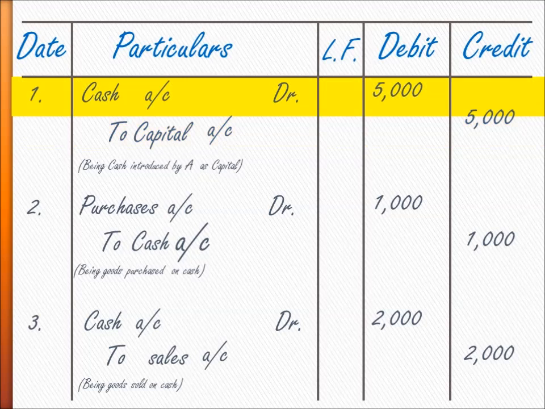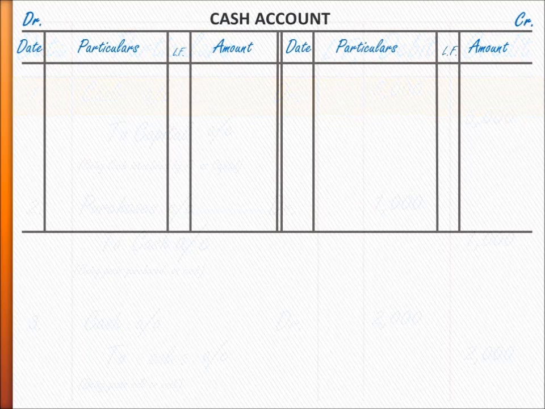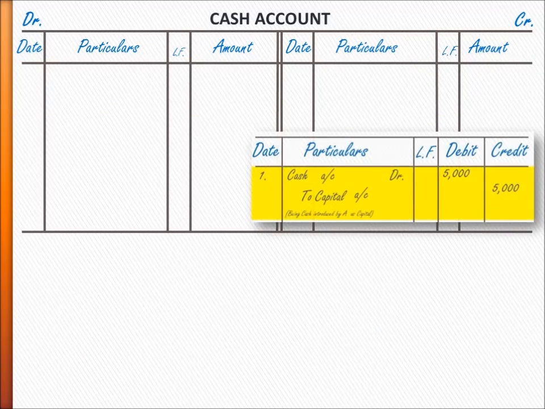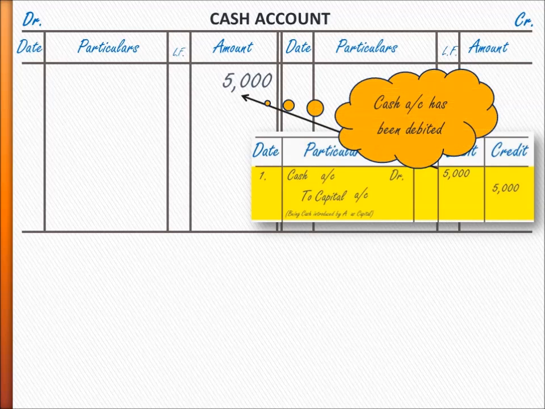Cash account has been debited 5,000 means write down 5,000 rupees on the debit side of cash account. So come to the cash account, I mean to say the ledger of cash. On the debit side, write down 5,000 in the amount column. If we write down anything on the debit side of cash account, it means cash account has been debited. If we write down any amount on the credit side, I mean to say in the amount column, it means we have credited cash account.